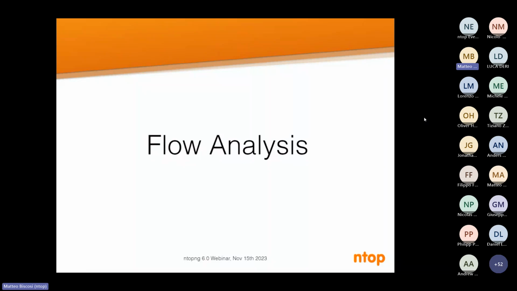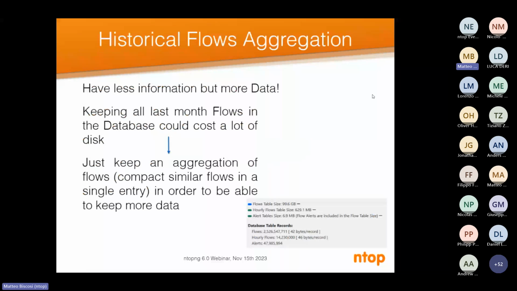Regarding the flow analysis, we have a new aggregation, and why did we develop this? Because while using ClickHouse, we have a lot of data, many times tons of gigabytes and so on.